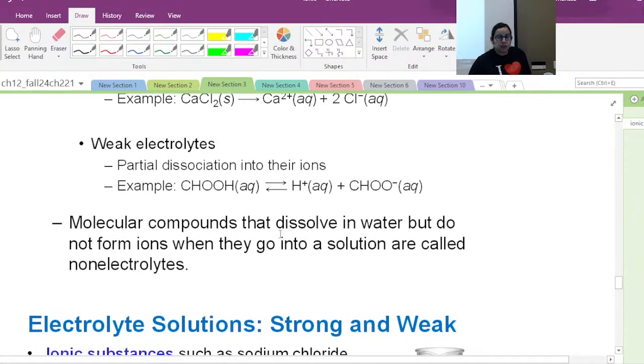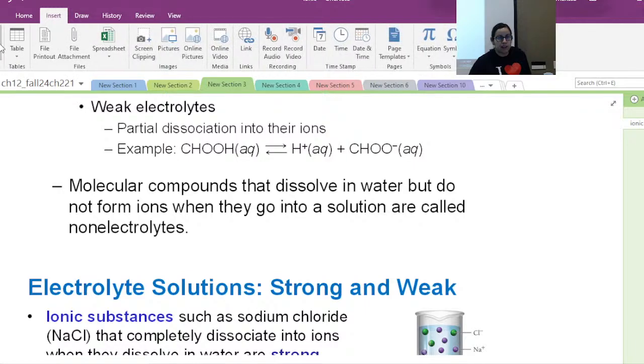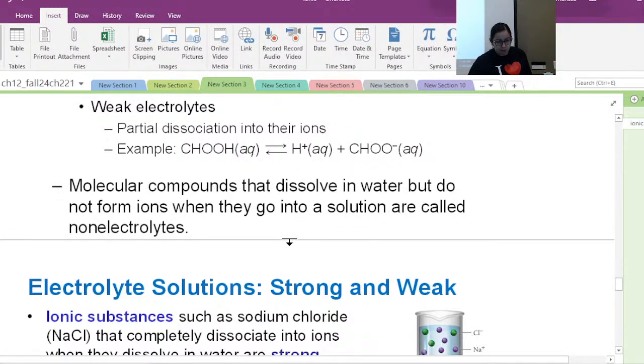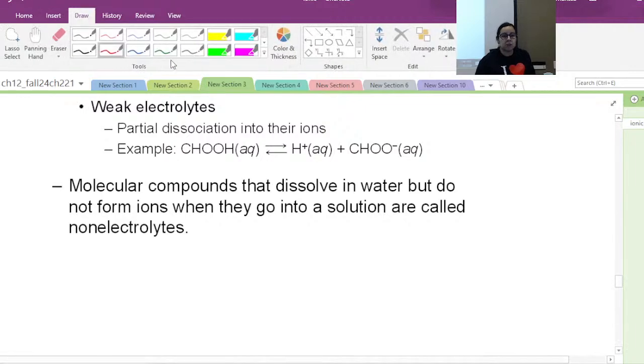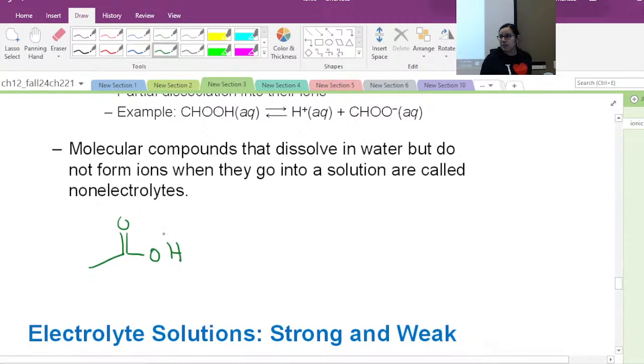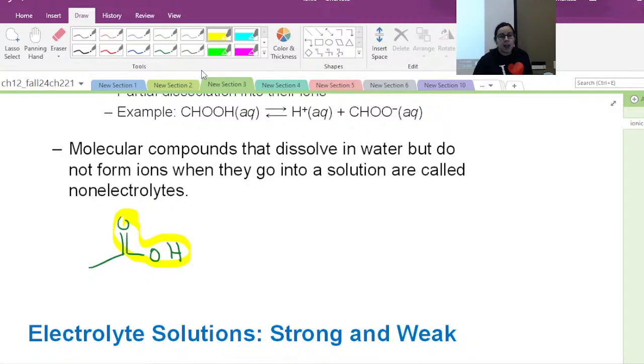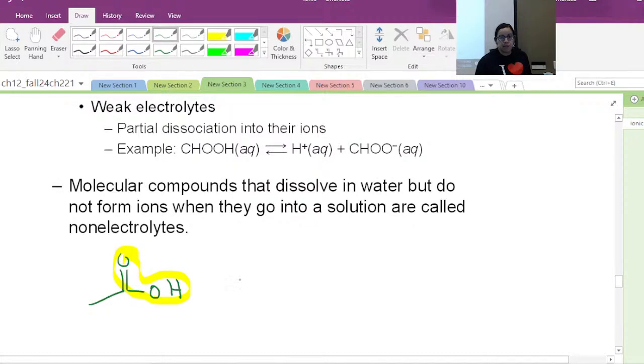Now let's talk about weak electrolytes. They drew formate up there, but I just don't like formate because nobody knows what the heck formate is. So let's look at acetic acid, or back to these organic acids. We mentioned that these organic acids have this carboxylic acid group. And so with that, they have some sort of equilibrium.